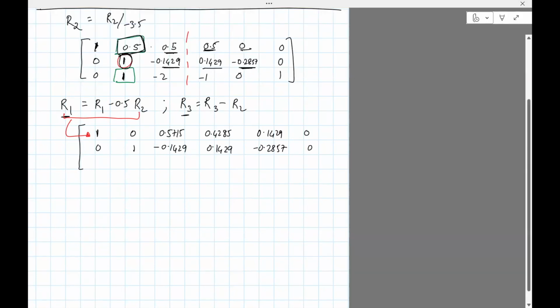Then the second one is kind of straightforward, because you just have to subtract row 2 from row 3. So 0 minus 0 is 0. 1 minus 1 is 0.